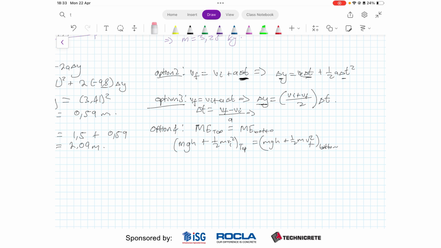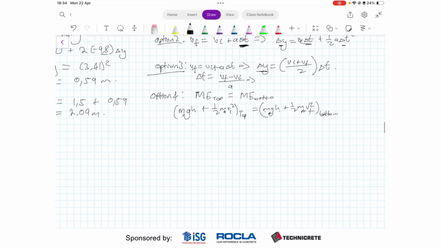In this case, because we are looking for the height reached by A, we can just divide by m, because all the m's are the same, such that we have gh initial plus 1 over 2 V initial squared is equal to gh final plus 1 over 2 V final squared. Okay, this m shouldn't be there.